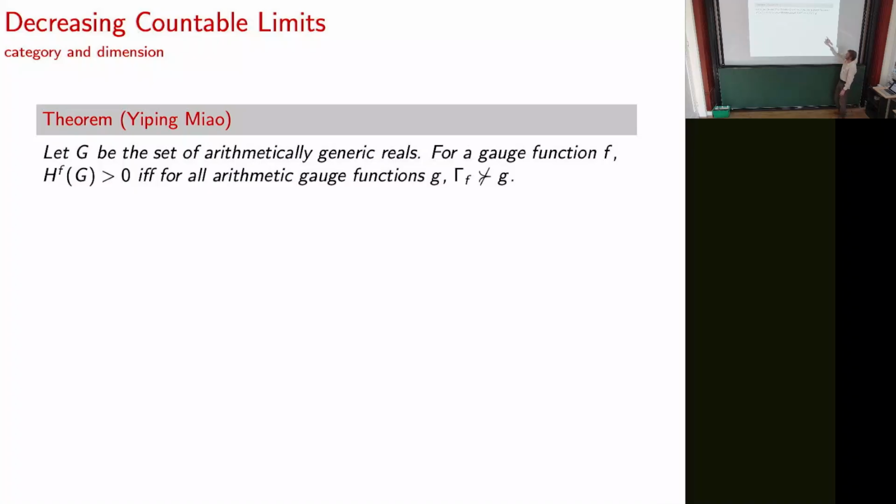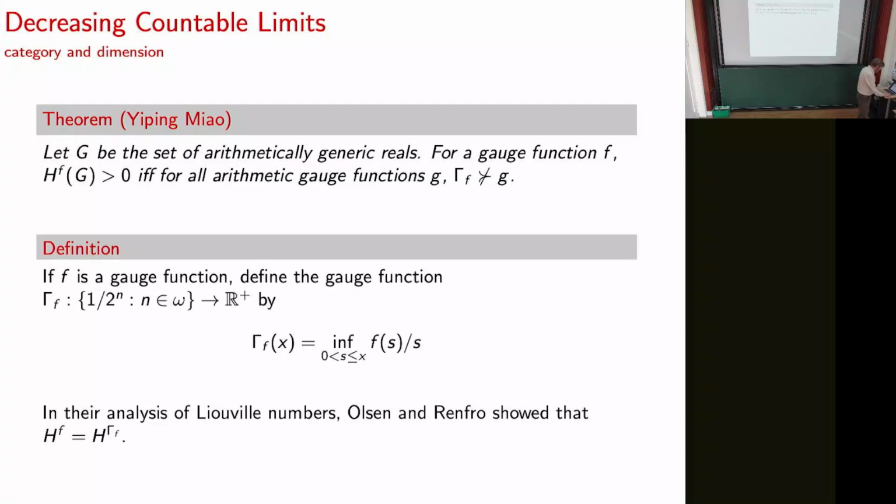Okay, and so that's a nice co-meager set. And then for a gauge function F, it gives that set positive measure if and only if, for all arithmetic gauge functions G, this derived function from F is not of higher order than G. Okay. And what is this derived function?